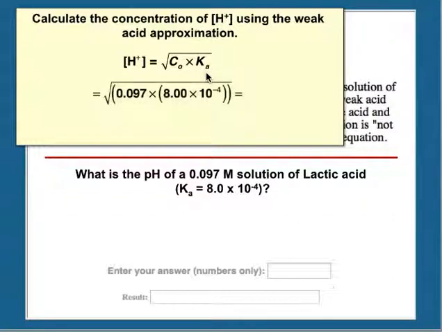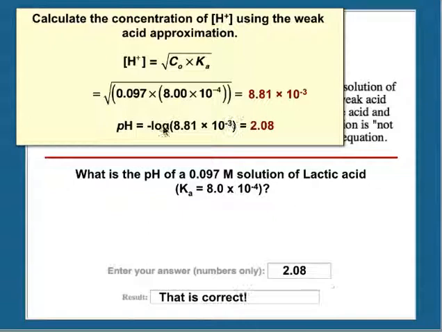When we do this, our hydronium ion concentration is 8.81 times 10 to the minus 3 molar. In order to get a pH, we simply need to take its negative log. Our pH here is 2.08.